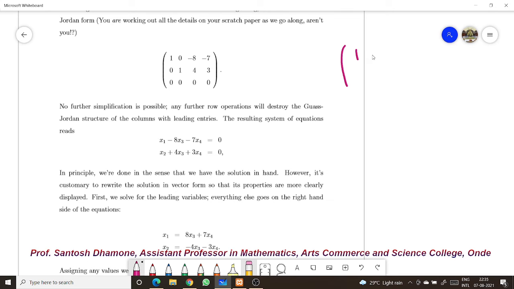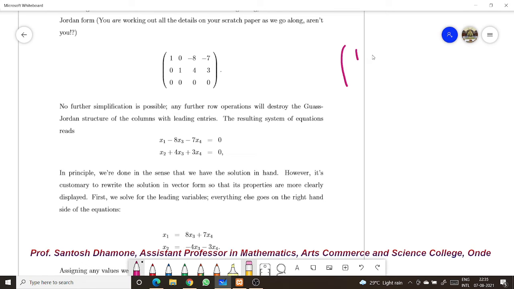We won't do it here, but if we were to carry out the above procedure on a general homogeneous system Ax is equal to 0, we establish the following facts. Consider a general system of m equations in n variables.